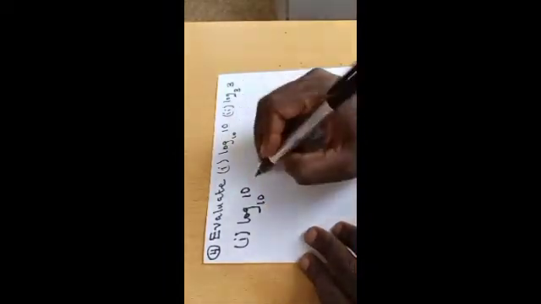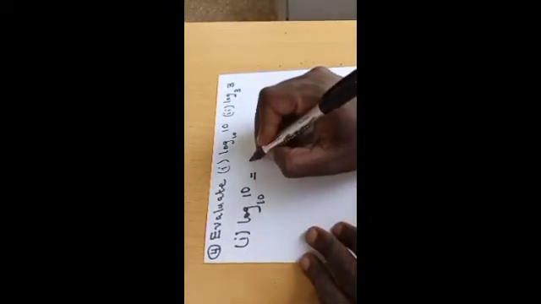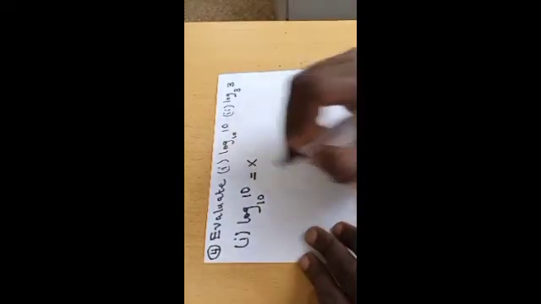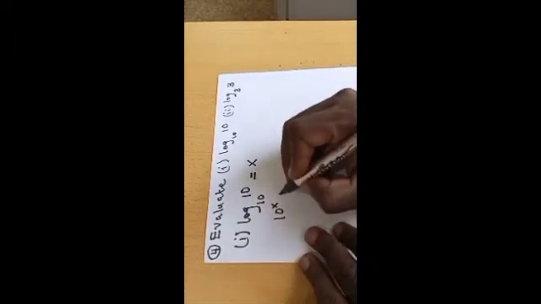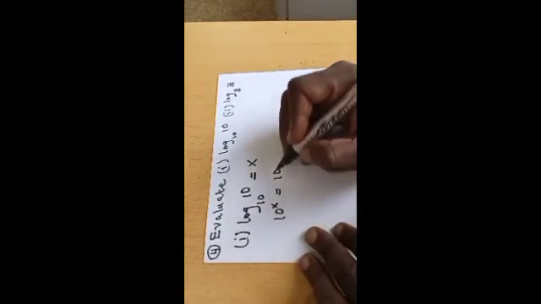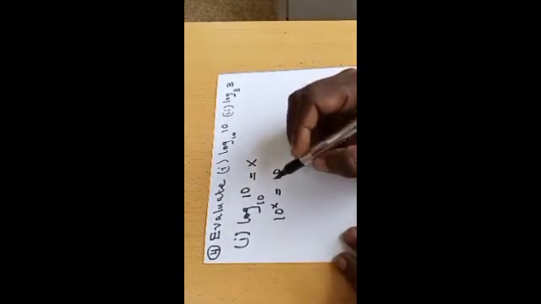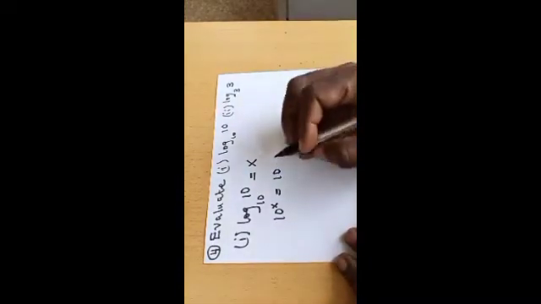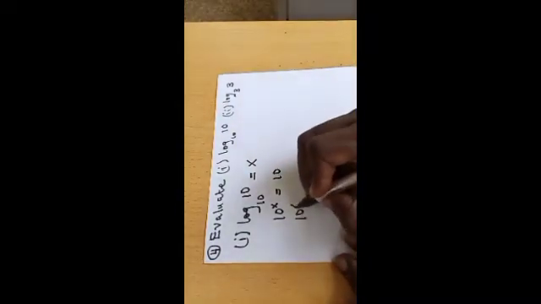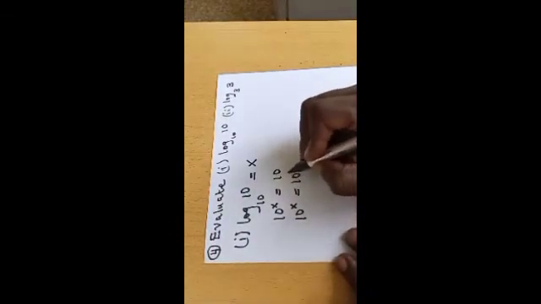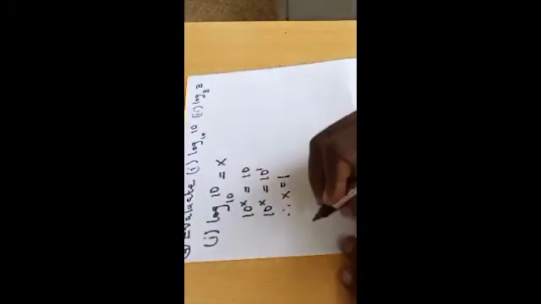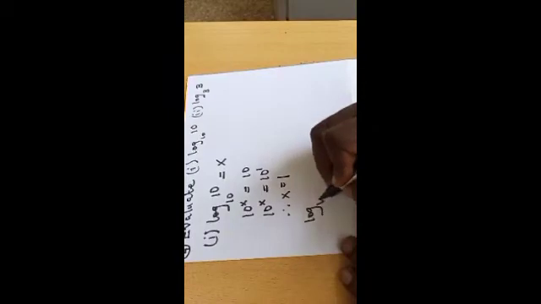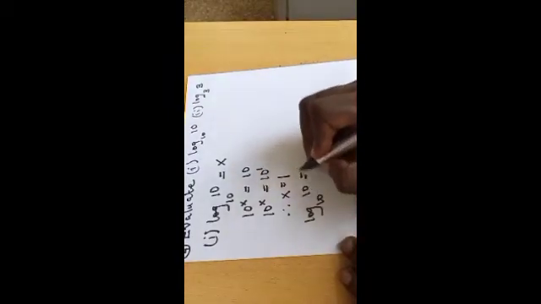Since we are breaking it to the same base, let this be equal to x, then we are going to have 10 to the power x is equal to 10. And we know any number to the power 1 will give us the same number. So this means that 10 to the power x is equal to 10 to the power 1. Therefore, our x is equal to 1. Log base 10 of 10 will be equal to 1.